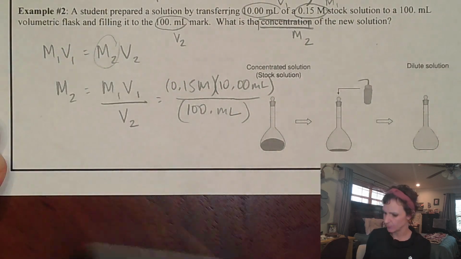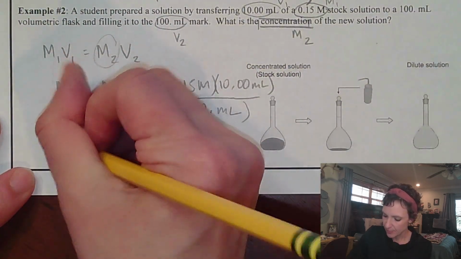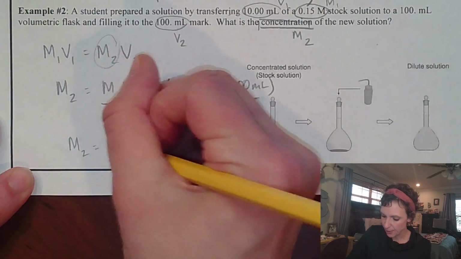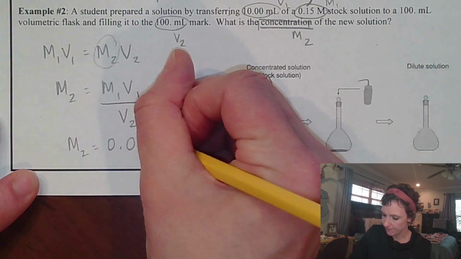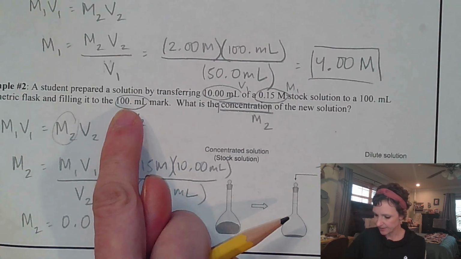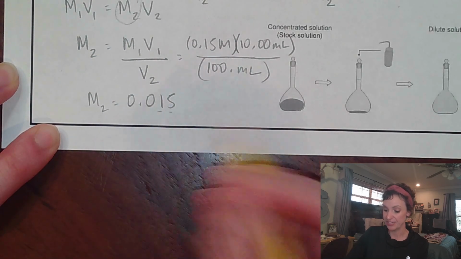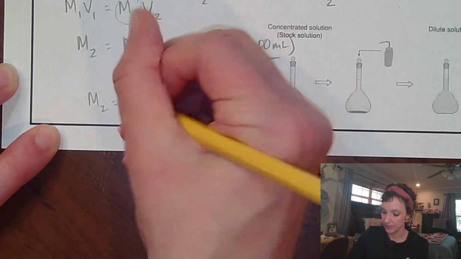Well, what is that? I've solved for the second concentration. That's the molarity. So my M2 is equal to 0.015. How many sig figs do we need here? That's got 3 sig figs. That's got 4 sig figs, but that only has 2 sig figs. So we stop right there with the 2 sig figs, and the unit is molarity.